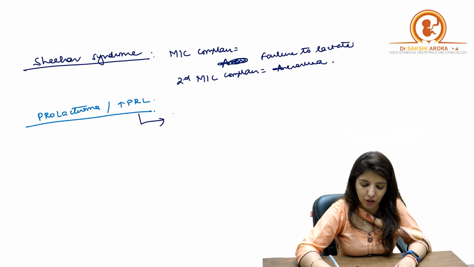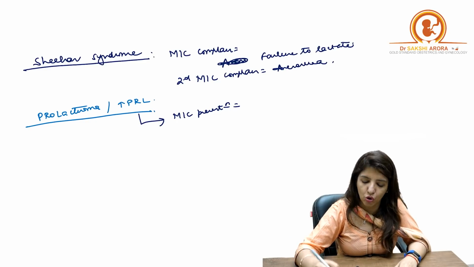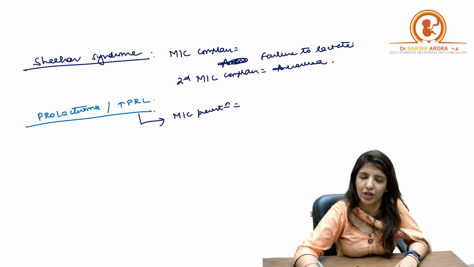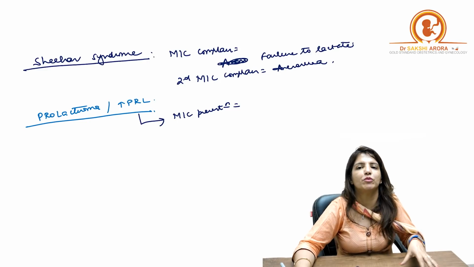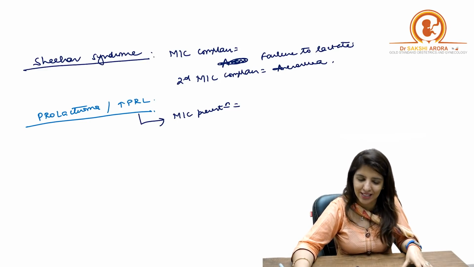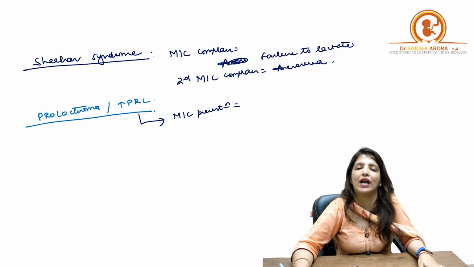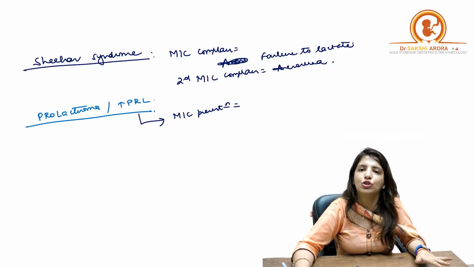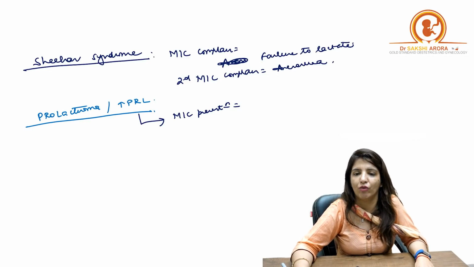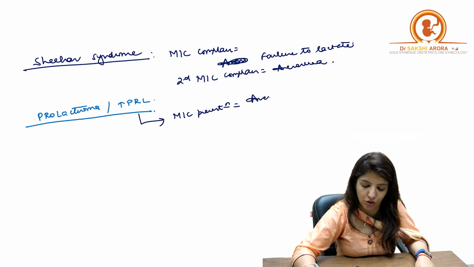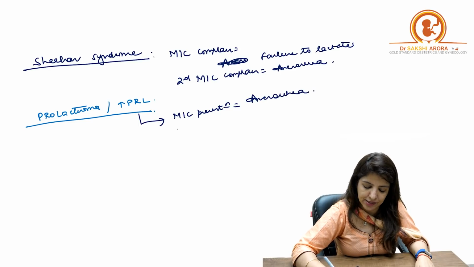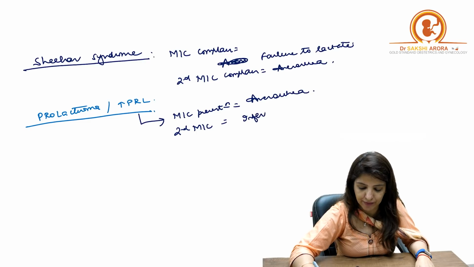If they ask you what is the most common presentation, please do not say that the most common presentation is galactorrhea. No. In Sheehan syndrome, the most common presentation is failure to lactate, but in prolactinoma or hyperprolactinemia, the most common complaint of the patient is amenorrhea. And the second most common complaint is infertility.